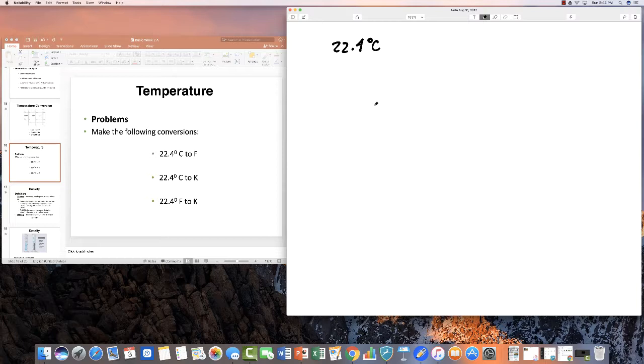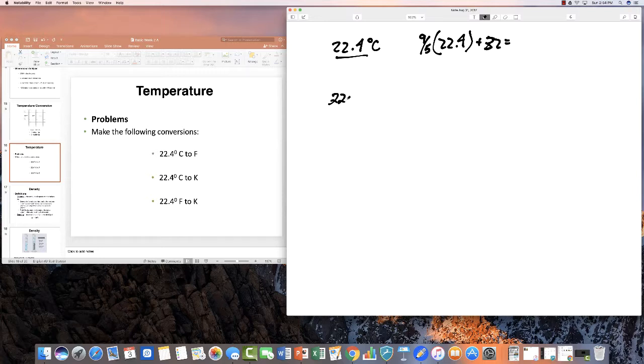Well, remember that to go from a 100 degree scale to 180 degree scale, you have to multiply by 9 over 5. Then you have to change it to the 32 scale by adding 32. I'll set all three of these up and then we'll go back and figure out what the answers are.